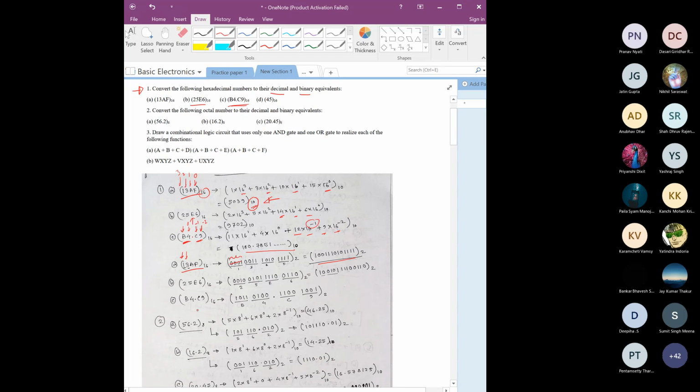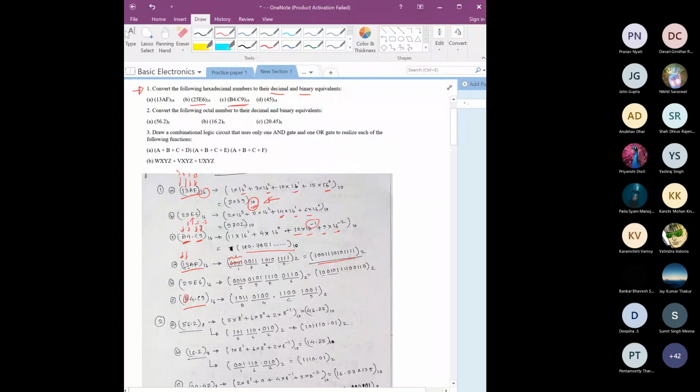Now if you have to convert the same thing into binary, for B just write its equivalent, which is 1011. Then 4 is 0100. Then C, then give the point, then write the equivalent of C here, then for 9 the corresponding equivalent.